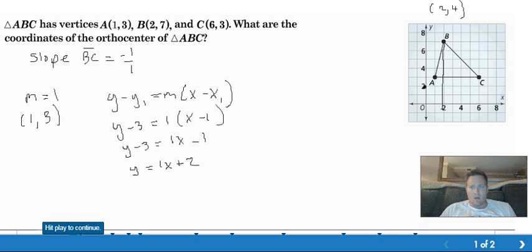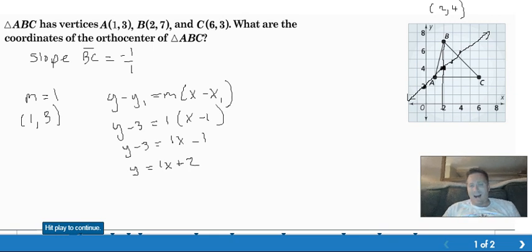It looks good. 1 over 1, that goes right there, 1 over 1, 1 over 1, and I just connect these lines right here. Okay? And I see that right here where those two come together, that is 2, 4. So that is my orthocenter right there.